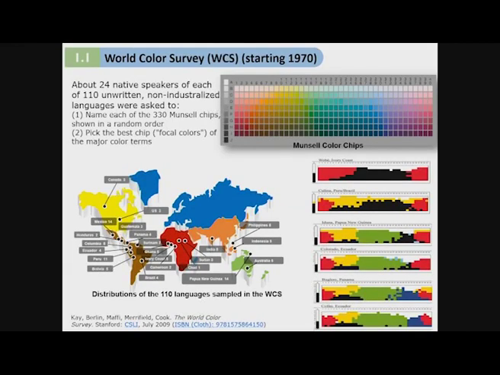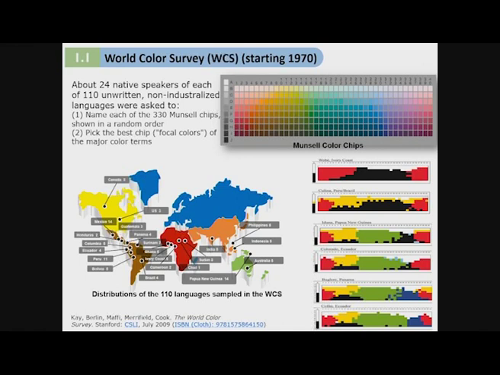Back in the 1970s, Professor Paul Kay from UC Berkeley and colleagues initiated the World Color Survey project. They gradually documented the major basic color categories and the major color terms from 110 non-industrialized unwritten languages.